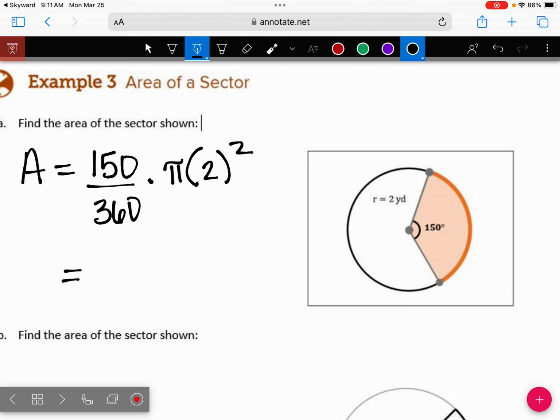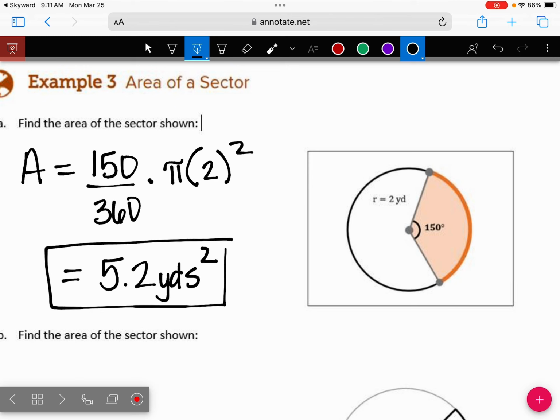You should get 5 point something. Yep, good, that's it. And the unit would be yards squared. That's the area of just that orange slice.